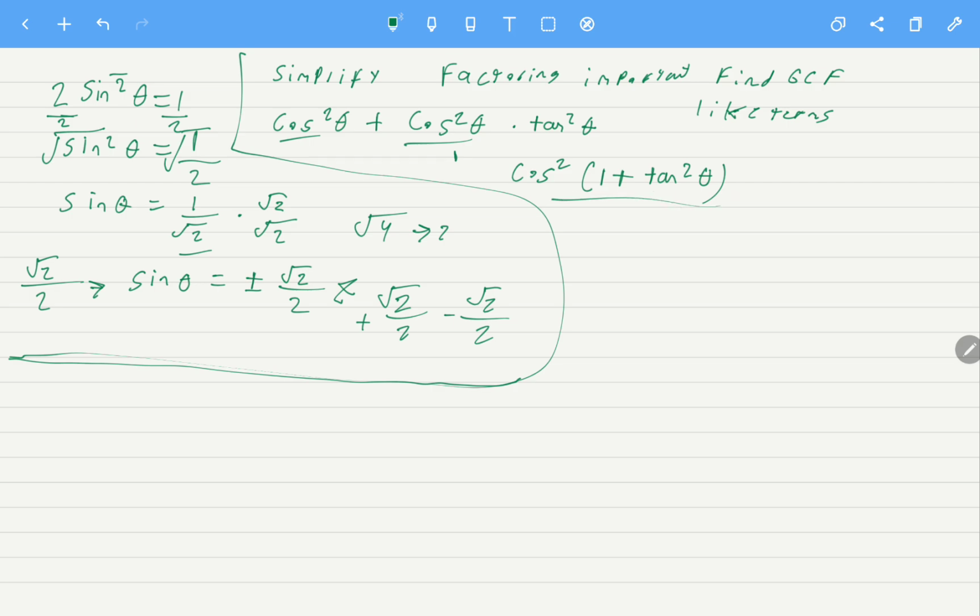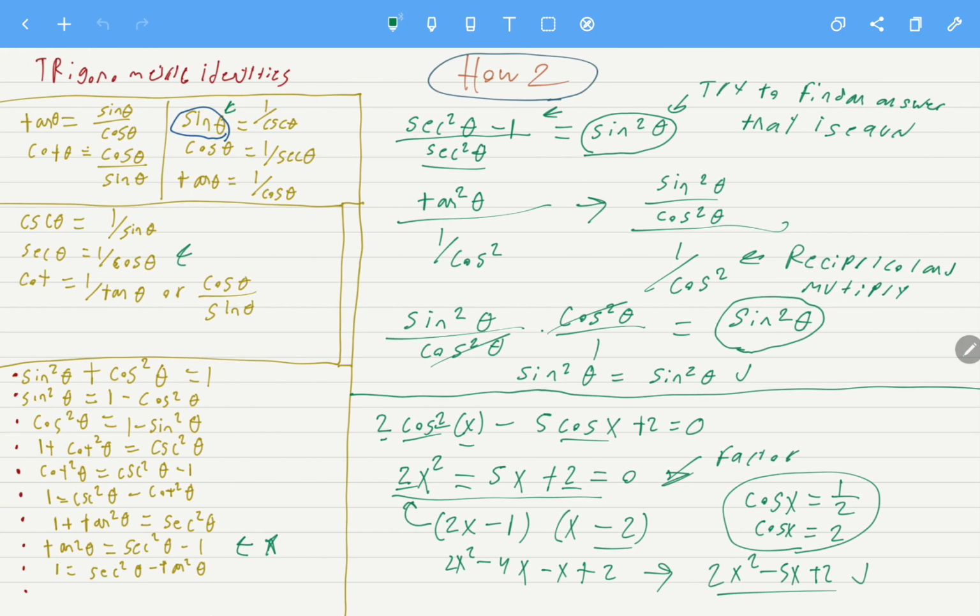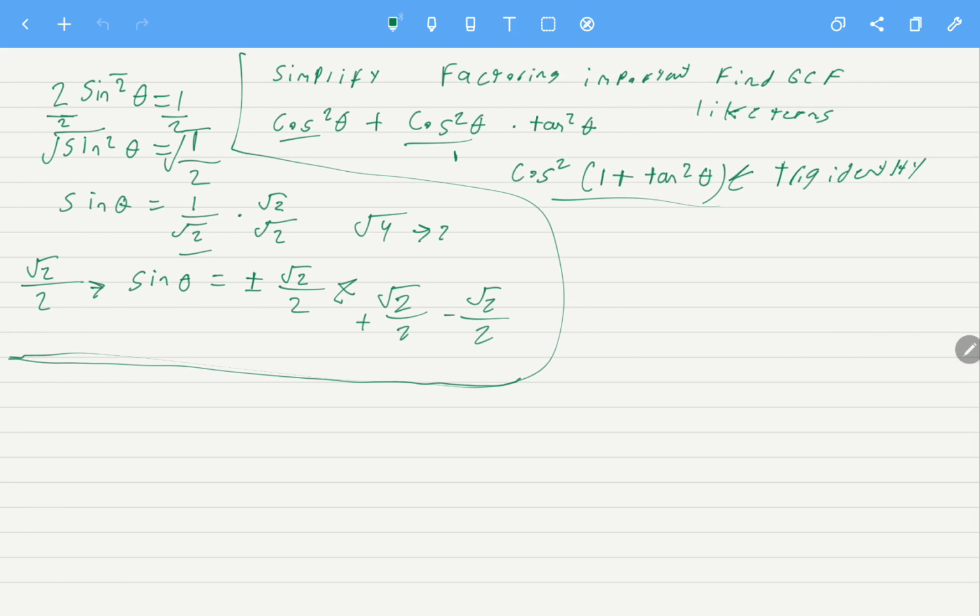How do we simplify this really? We have to look back at a trig identity. We have to memorize this, my friend. 1 plus tangent squared is secant squared.